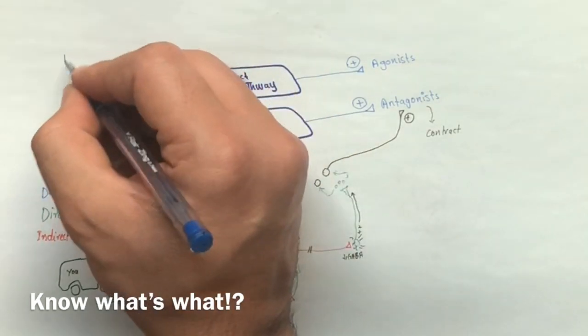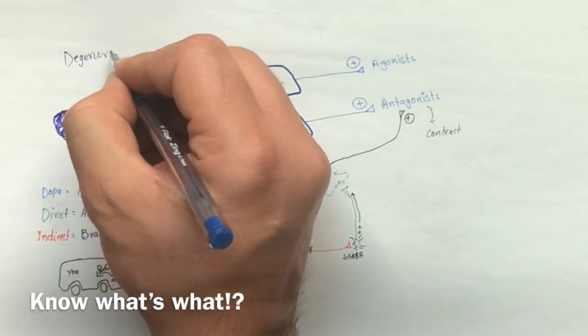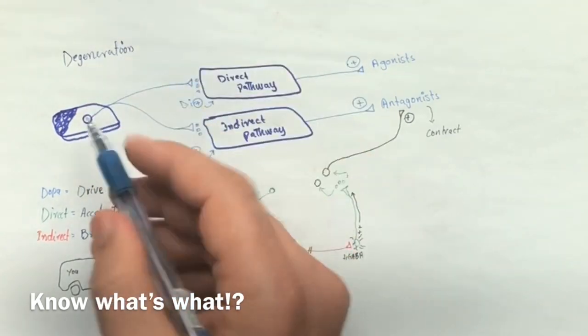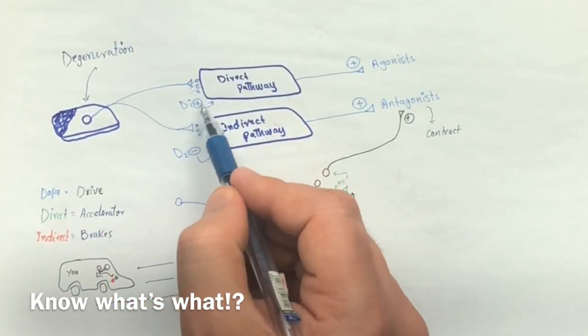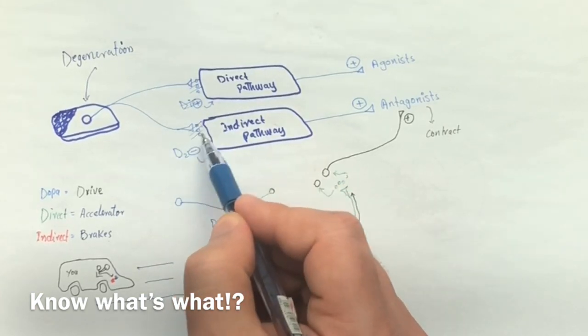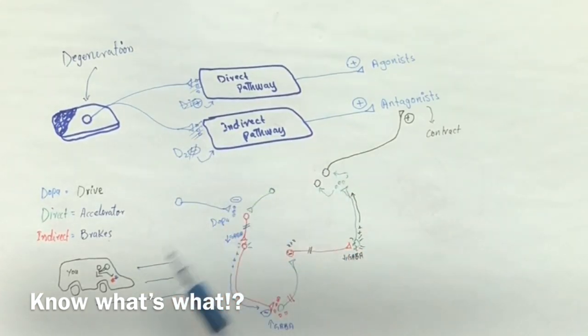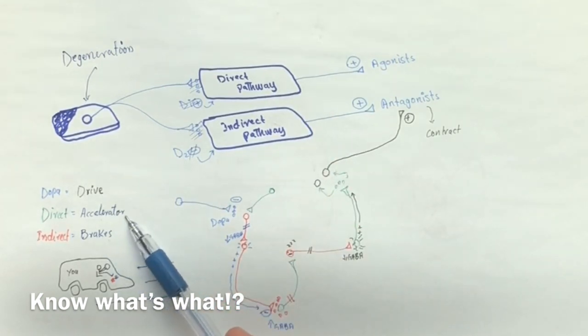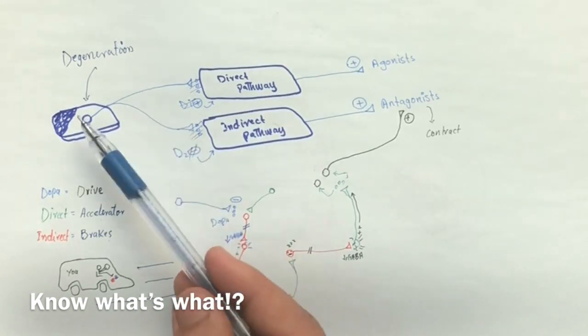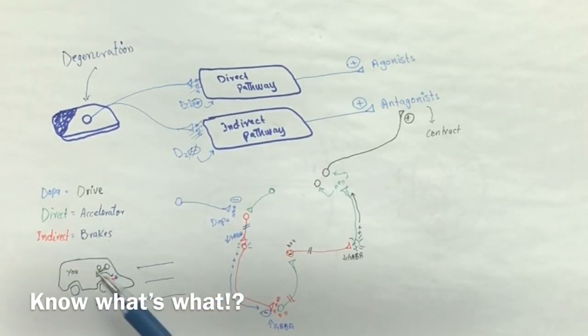So if there is a degeneration of the dopaminergic system, like in Parkinson's disease, what happens? The person with Parkinson's disease, with low dopamine, has problems initiating the movement. That's why I call it the accelerator, right? And when they initiate the movement, they have a problem stopping that movement.